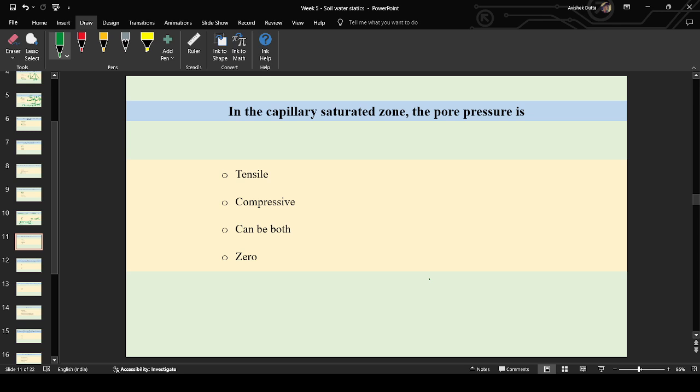In the capillary saturated zone, the pore pressure is what? Tensile, compressive, both, or zero? Yes, tensile, right. I'll just draw the pressure diagram over here.